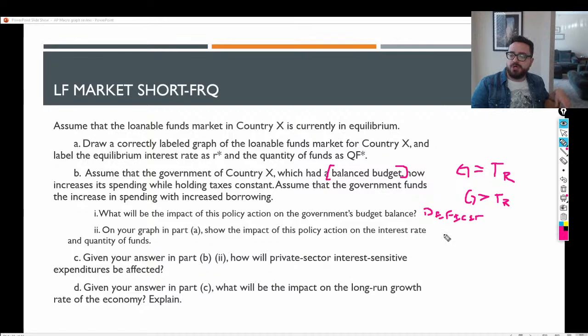Okay, on your graph, show how this affects the interest rate and the quantity of funds. So again, for me, I draw this as an increase in demand, but the AP exam was specific on this and is always specific on this, that an increase in demand or a decrease in supply is allowed.